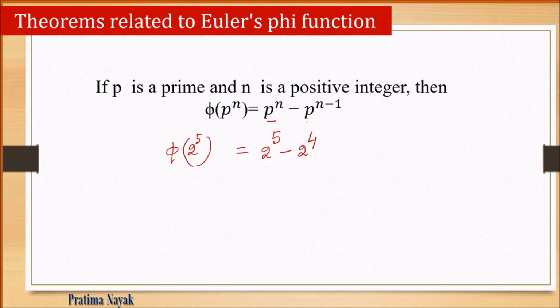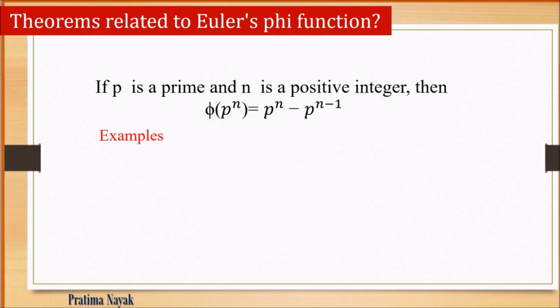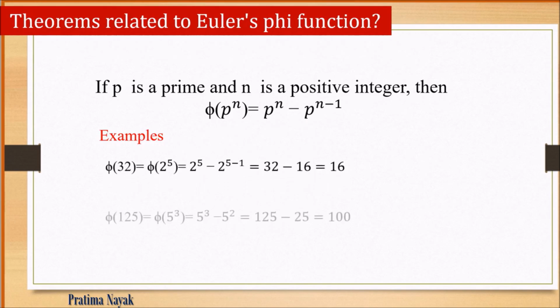Here p is a prime number, 2, and n is any positive number. So that equals 32 minus 16, that will be 16. So this is the example we have done.